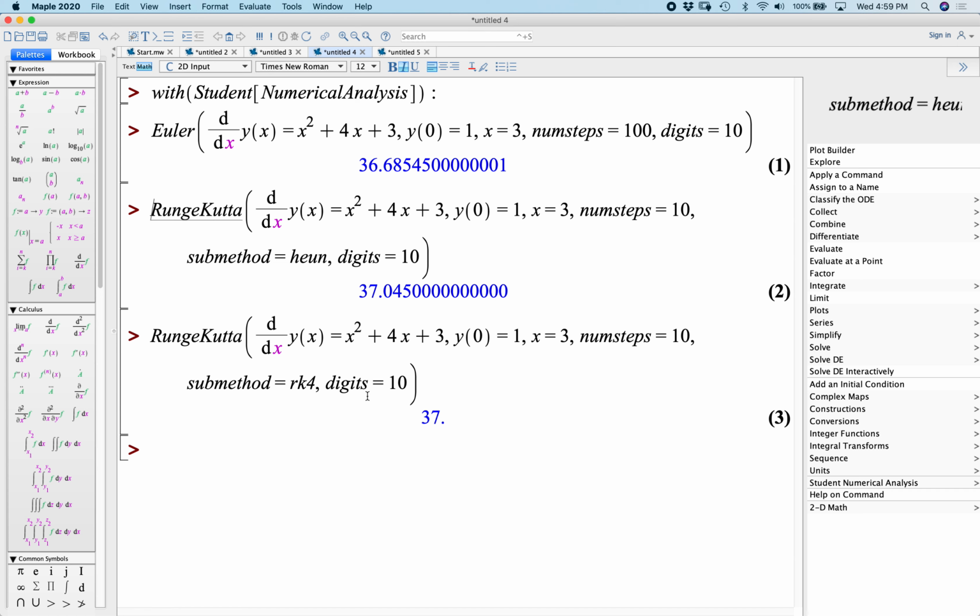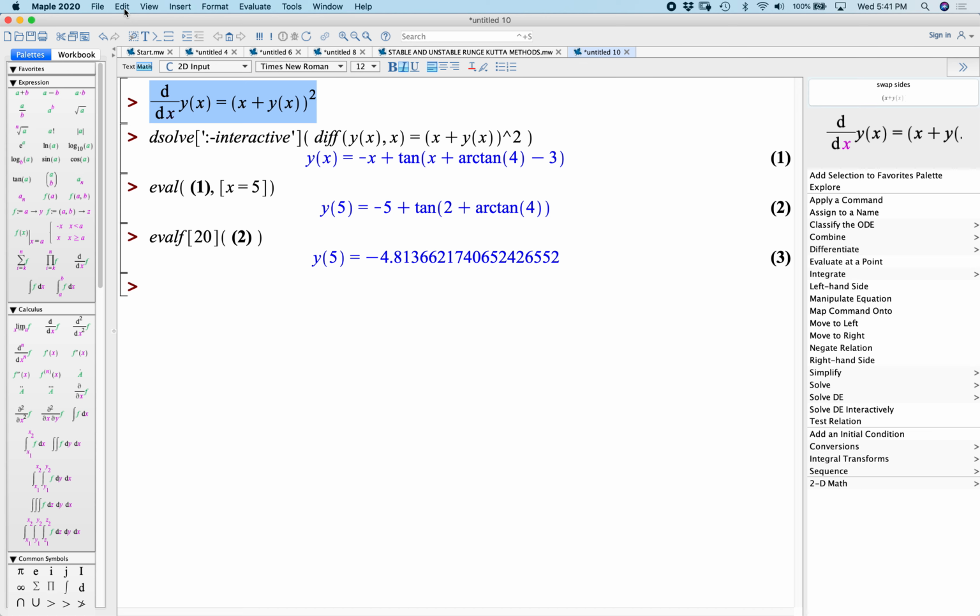Now, evaluating at x equal to 5 and approximating, I have about minus 4.1813662. An equation like this will not be so easy to carry over, so let's see what happens with the Euler, improved Euler, and Runge-Kutta in just a moment.